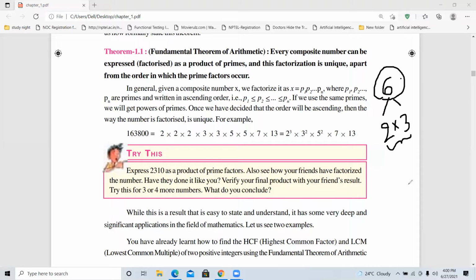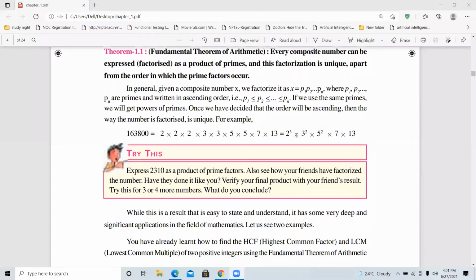So it must be unique without regard to the order. For example, we can write 6 as 3 into 2 also. So we should not consider in which order we write the prime factors we have got from the prime factorization. In this way, we can define the fundamental theorem of arithmetic.